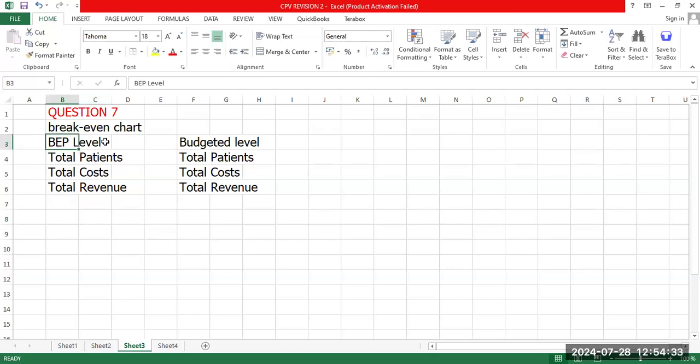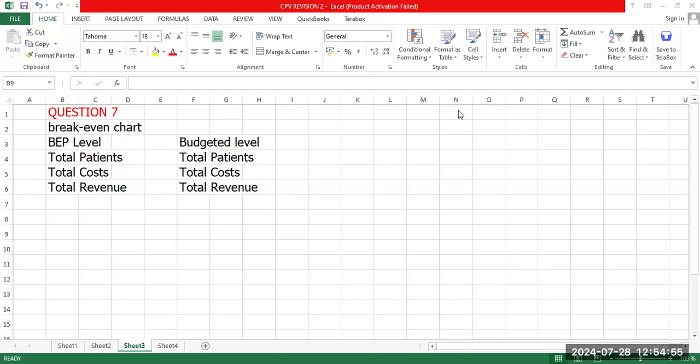Then how are you going to get the break-even point in terms of patients? You will obviously need to do a working. In the question, have you seen sales mix somewhere?